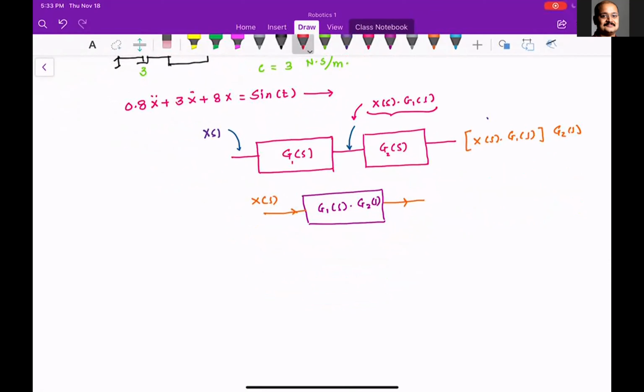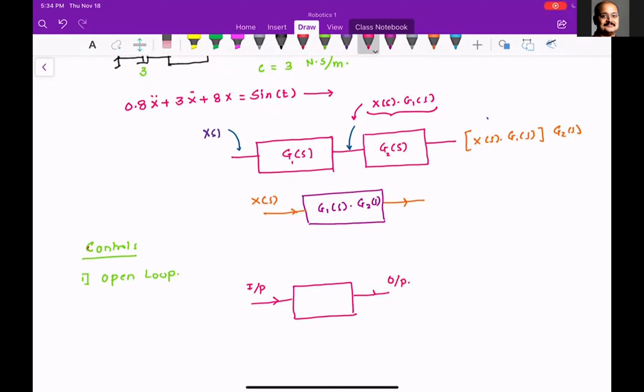There are two types of control systems. One is called open loop control. What you have is a system, you have some control input that gets fed to the system, and you have output.